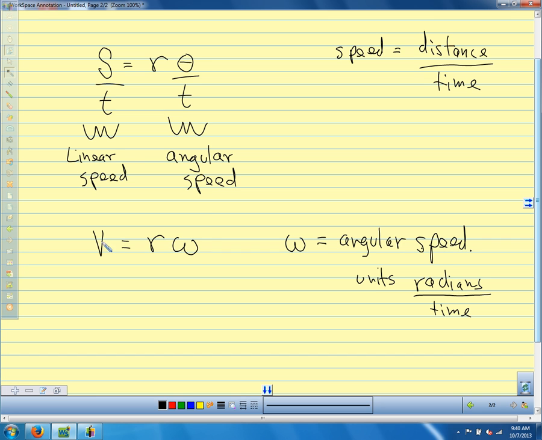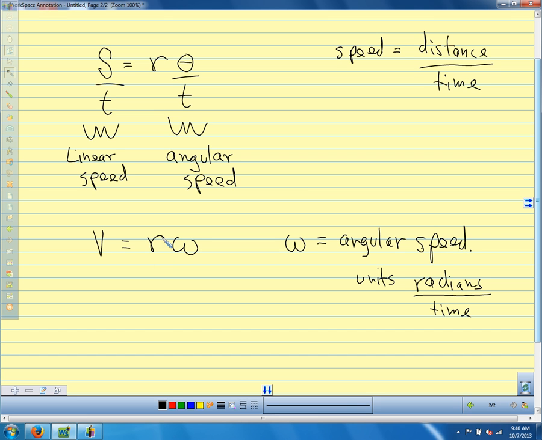So this gives us a way to relate the linear speed of an object to the angular speed of something that's turning on the object. For example, a bicycle. The linear speed has to do with the arc length, how far the tires are traveling as we ride along, and the angular speed tells us how fast the wheels are turning. And the angular speed depends on the radius of the wheels.